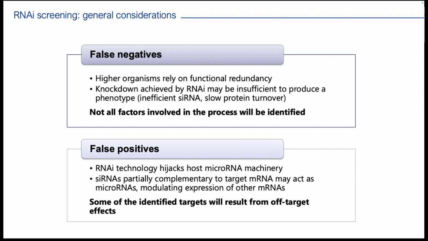And so it has the potential to work as a microRNA and lead to repression of genes that are not intended targets. And this is what we call the off-target effects of sRNAs. The consequence of this is, of course, that we're going to identify some genes that are just false positives and are not really involved in whatever process we are studying. Okay?